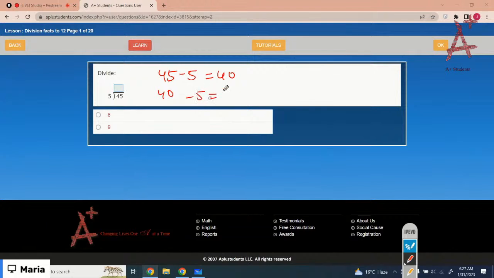Then 40 take away 5 is 35. Then 35 take away 5 is 30. Then 30 take away 5 is 25. 25 take away 5 is 20. 20 take away 5 is 15. 15 take away 5 is 10. 10 take away 5 is 5.